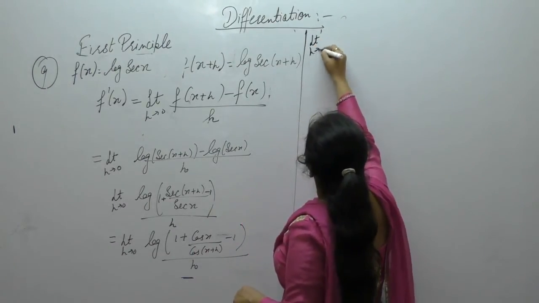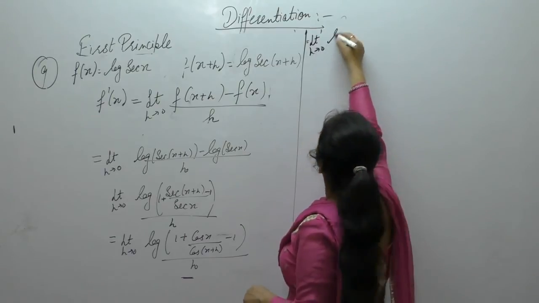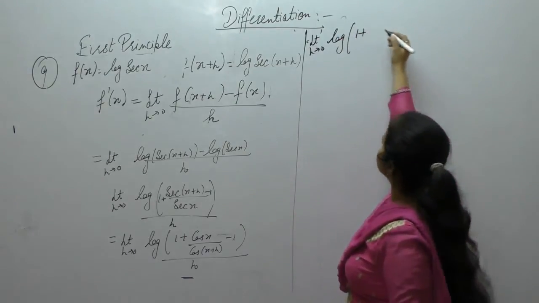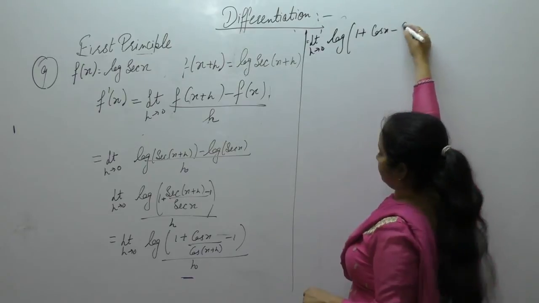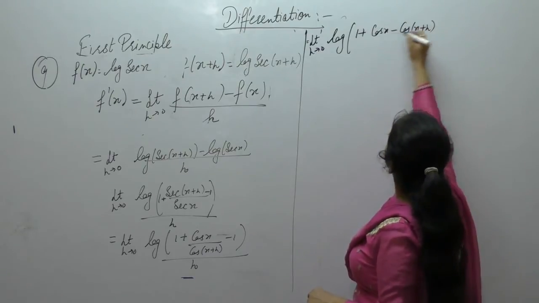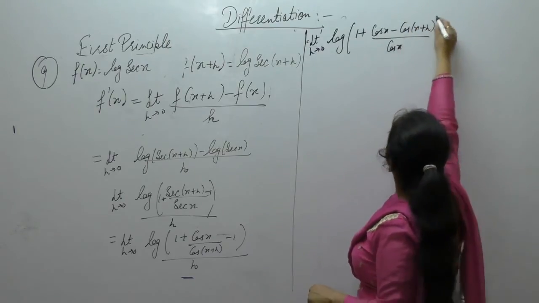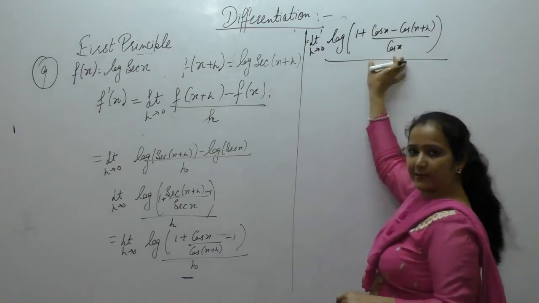Limit h tends to 0, log of 1 plus cos of x minus cos x plus h upon cos of x. This is log of 1 plus x.